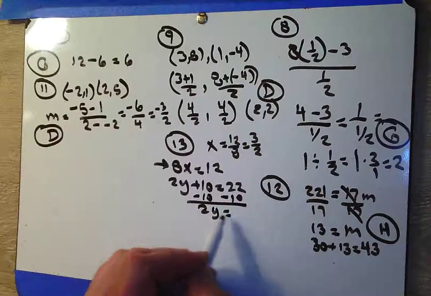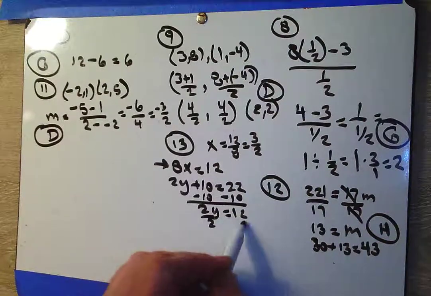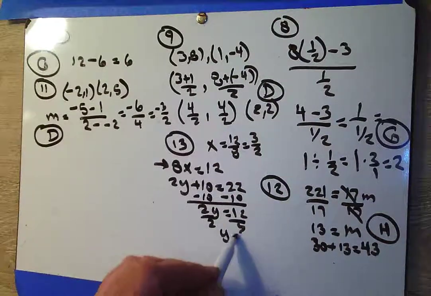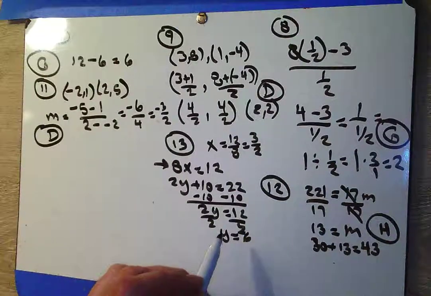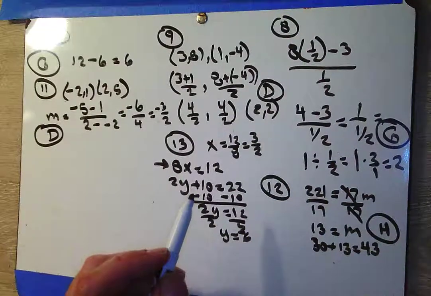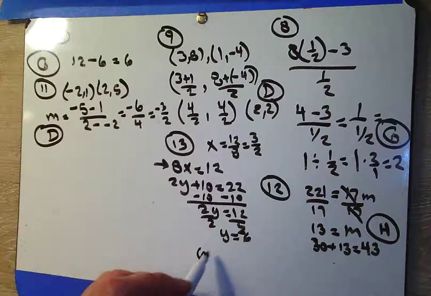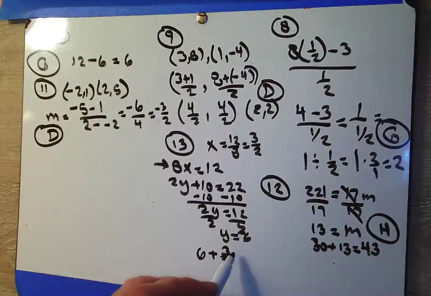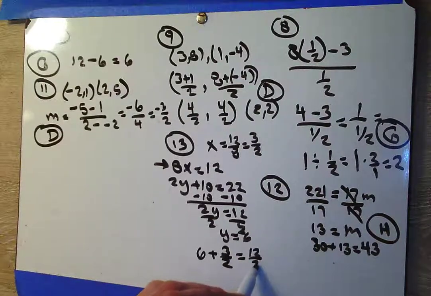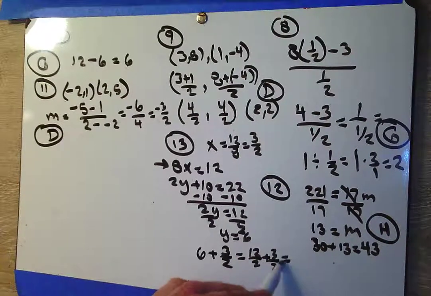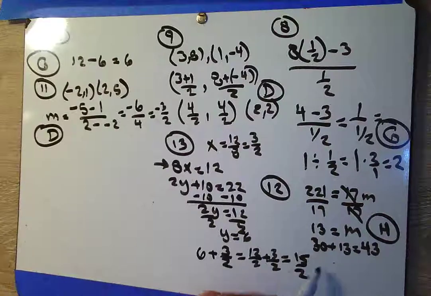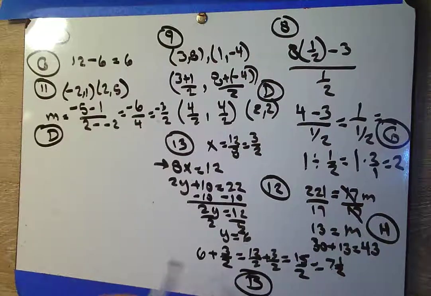I'm going to get 2y equals 12 or y equals 6. So we're supposed to be finding the sum of the two solutions. 6 plus 3 halves, or 12 halves plus 3 halves is 15 halves, which is 7.5. And that corresponds with choice B for number 13.